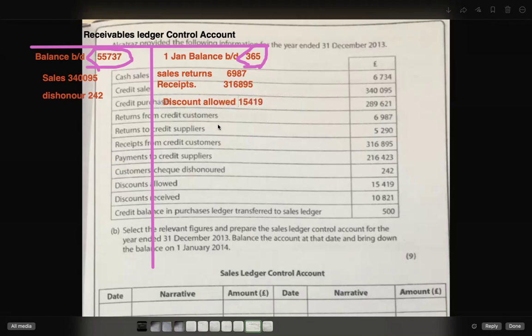What else? Do you know what this means? Credit balance and purchase. This is contra. Contra set-off. Remember I told you? 500. That's it. Now balance it.